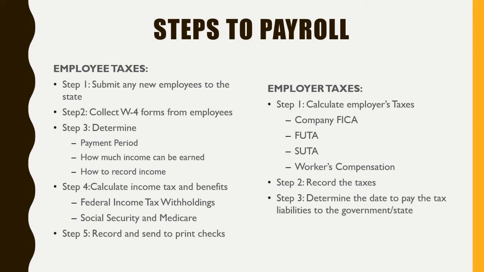We'll talk about what a W-4 form is. Then step 3 is you're going to determine what their pay rate is, whether they're hourly or salary, how much income they can earn, and how to record the income. Then number 4, you're going to calculate all the taxes, and then number 5, you're going to pay the employees. Very straightforward.